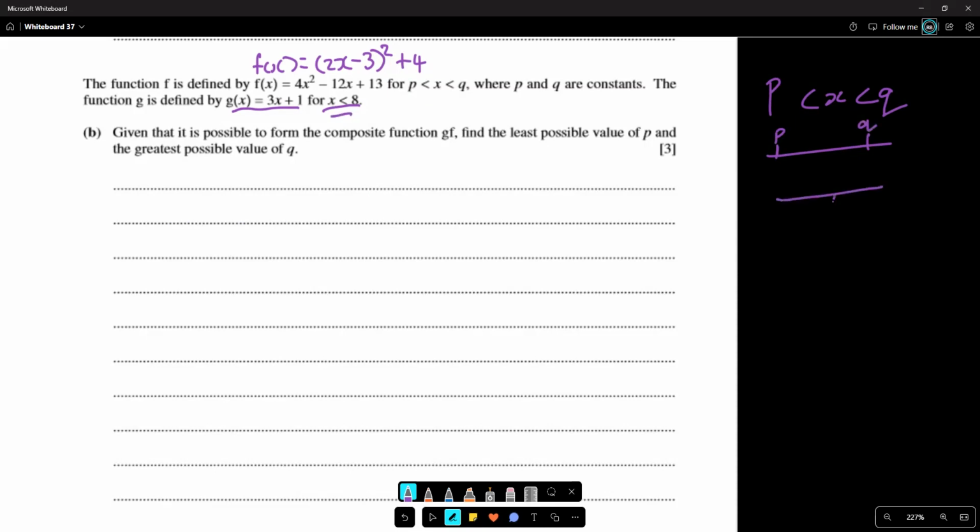So the next one is 8 here. Yeah? So the composite function is only going to exist here, where both the domains intersect. Yeah? So where the domain of this function intersect with the domain of that one. That is the only part we're going to have.